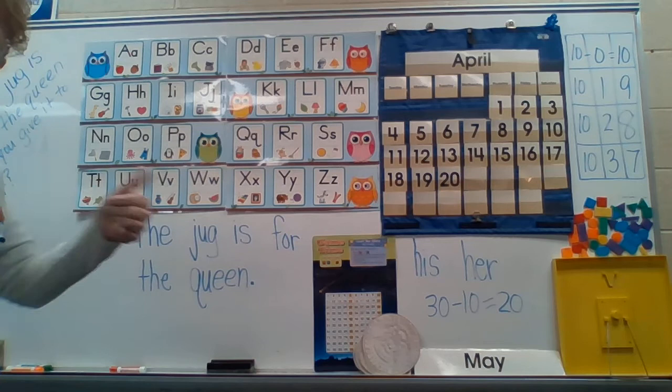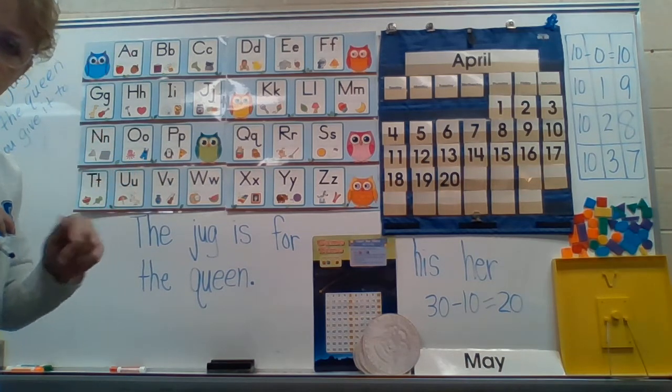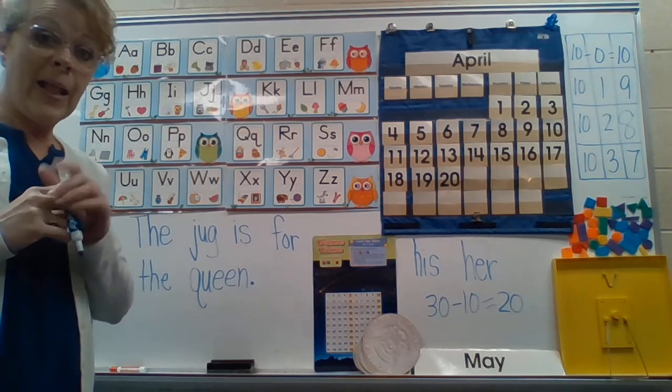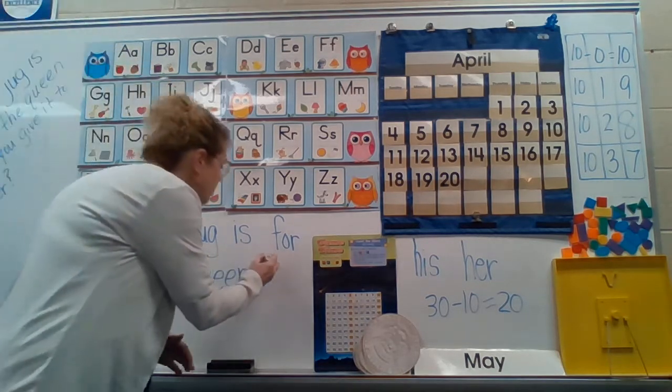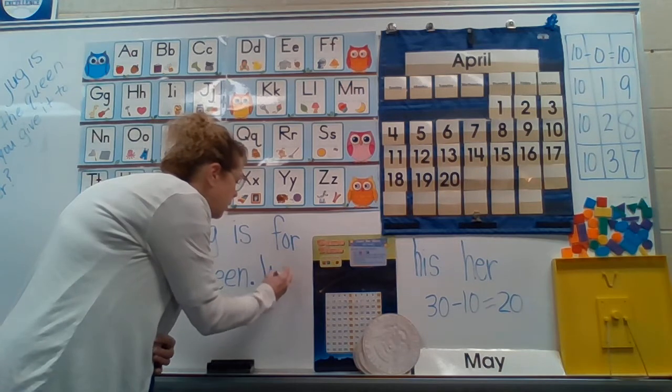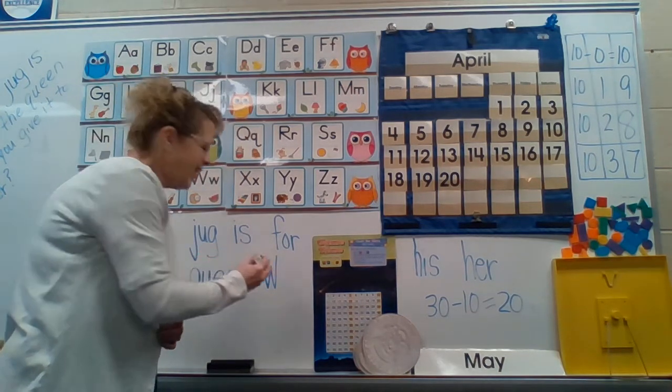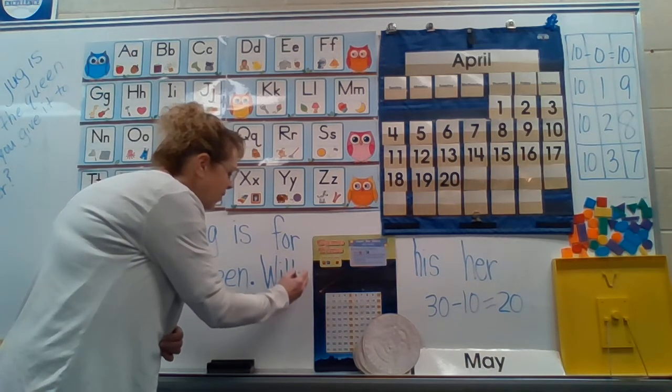And I'm going to use a sight word from last week, will. Do you remember how to spell will from last week? I need a capital W because this is a new sentence. W. What's the rest of will? I-L-L. Will.